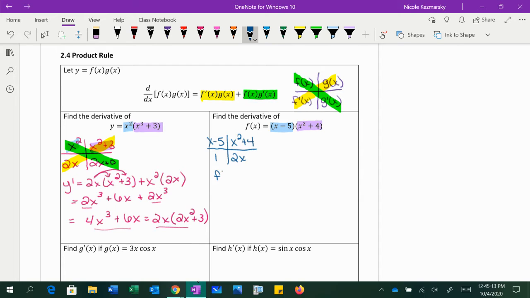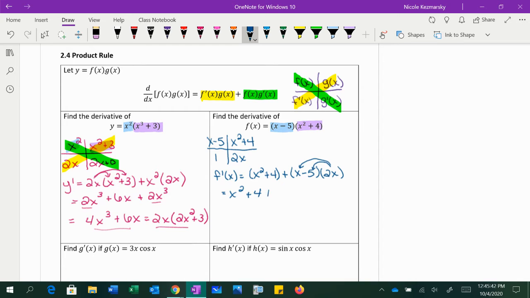And I'm going to say f prime of x equals 1 times x squared plus 4, plus, and then x minus 5 times 2x. Cleaning this up, I'm going to have x squared plus 4. I'm going to distribute the 2x.